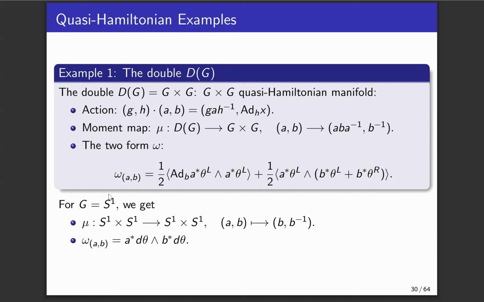If you parameterize S^1 by theta, then we take the pullback of d theta by A and the pullback of d theta by B, where A and B are the first and second projections of G times G on G. So it's quite easy to describe also.